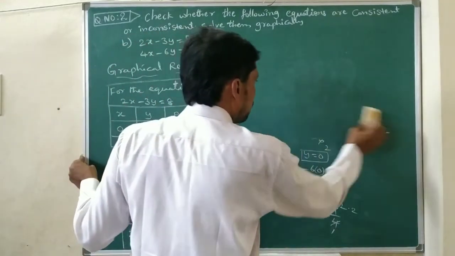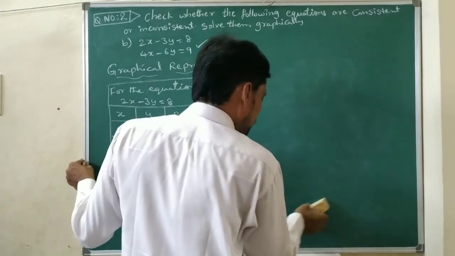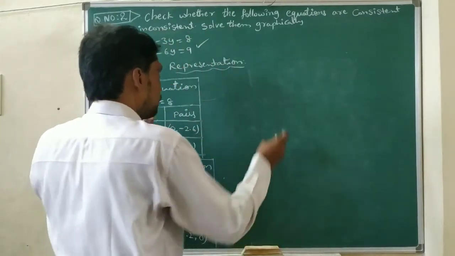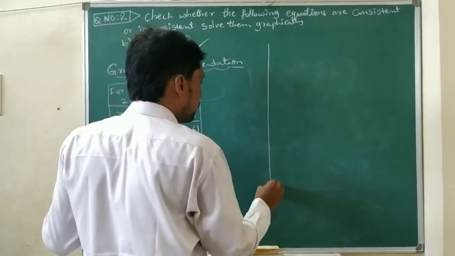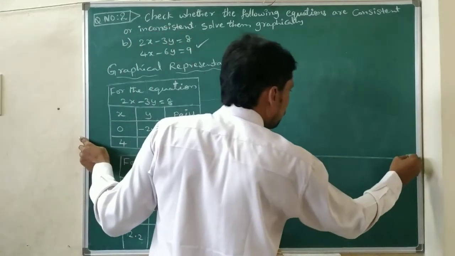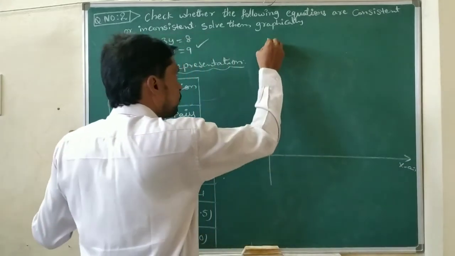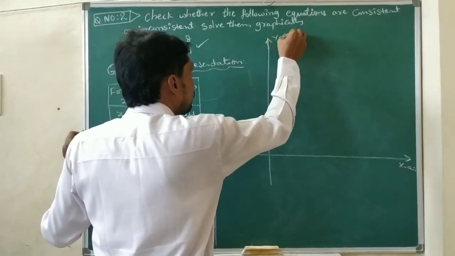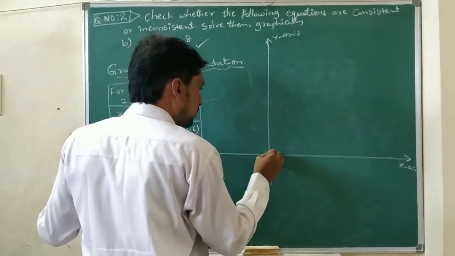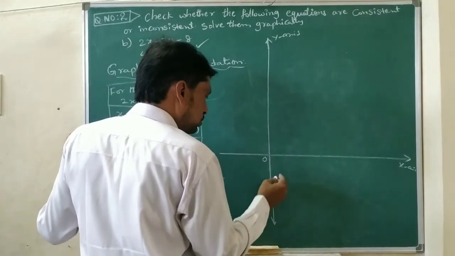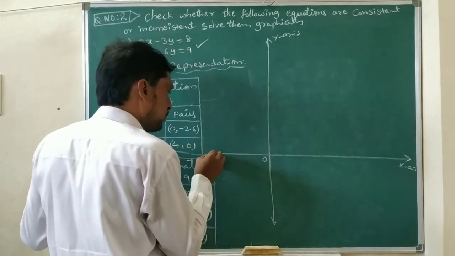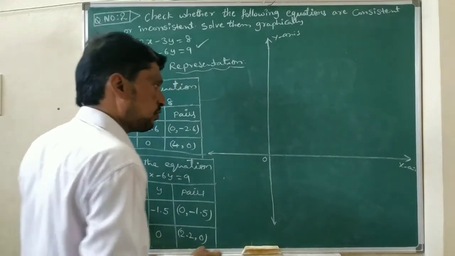Now for the graphical representation, you can take the graph. So this is the x-axis, and this is the y-axis, both intersecting at the point 0, 0. Downside values are negative values, and left side values are also negative values.